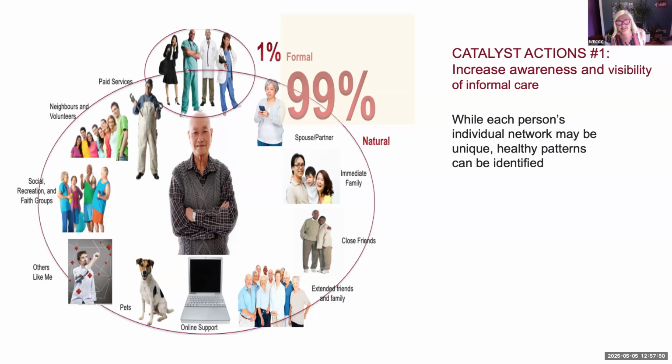So again, this is just an example that in terms of people's day-to-day care support for social and emotional, as well as mental and physical health, people do rely on services, but actually very little time is spent with professionals and formal services in terms of day-to-day life and living.